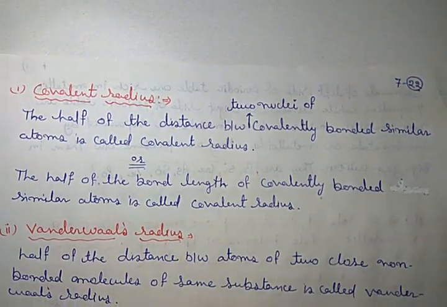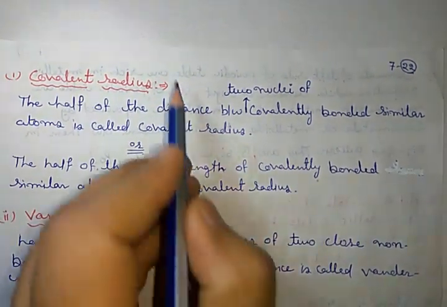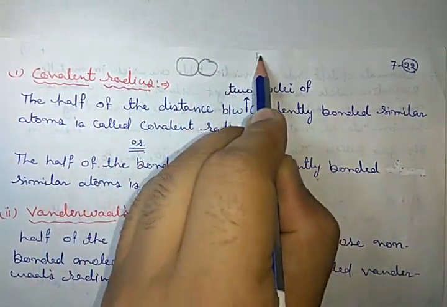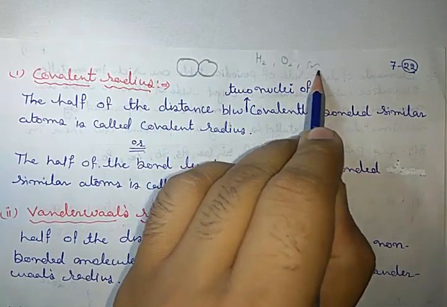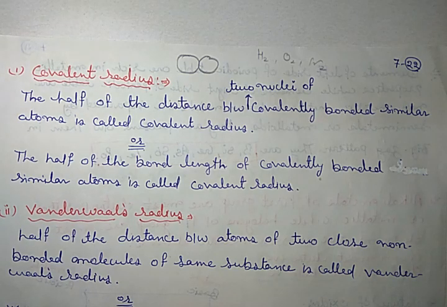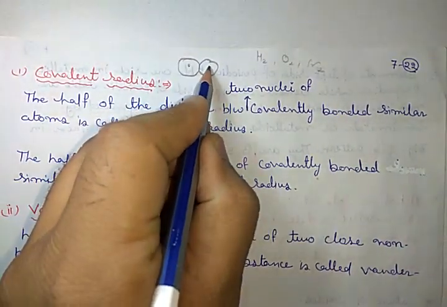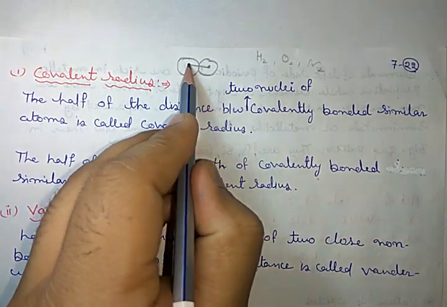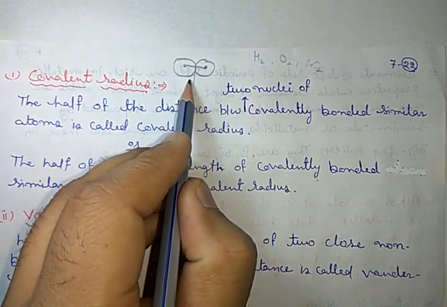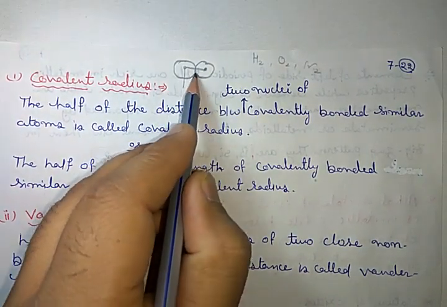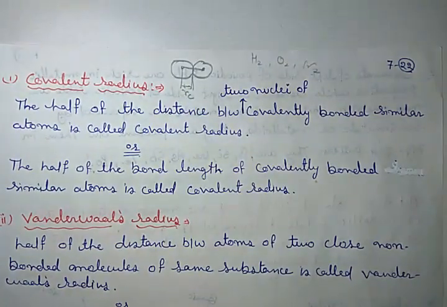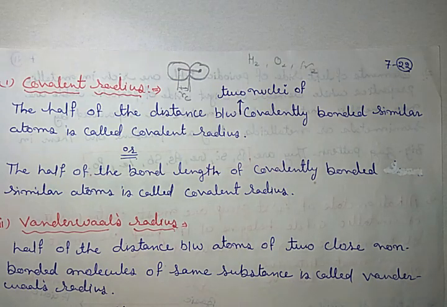When two similar atoms like H2, O2, N2 are covalently bonded, then half of the distance between these covalently bonded nuclei is known as covalent radius.